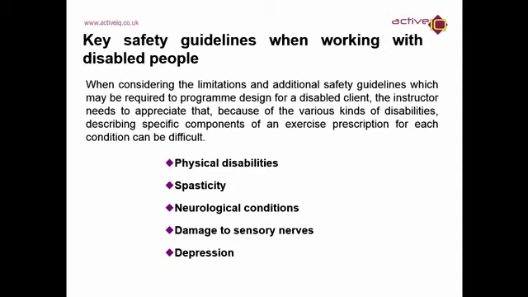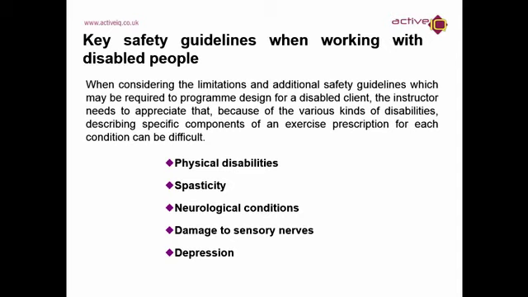And to give you some examples, we've got things like physical disabilities. So if someone has very, very unfortunately lost a leg or an arm or part of their body, we can maybe work around that. And if someone's lost an arm, then we'll look to do stuff or exercises that work on the legs or work in the arm that they currently have.